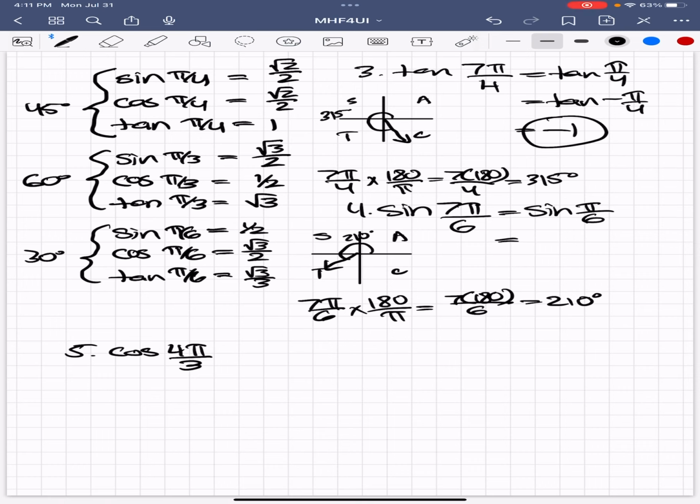And because it's in quadrant 3 and only tan is positive in quadrant 3, it's going to be sine negative pi over 6. And sine pi over 6 is a half, so it's going to be negative 1/2.